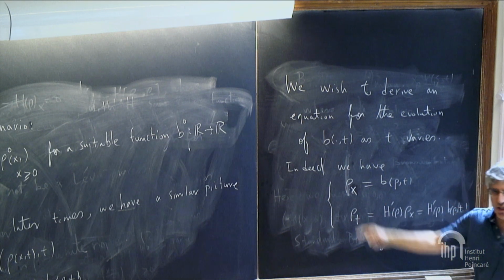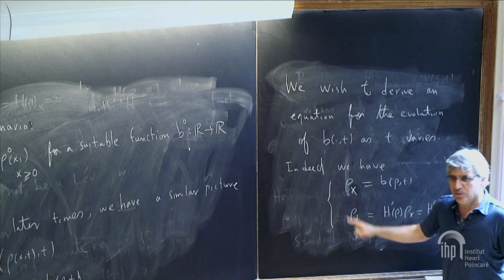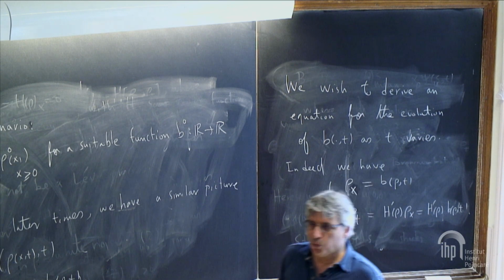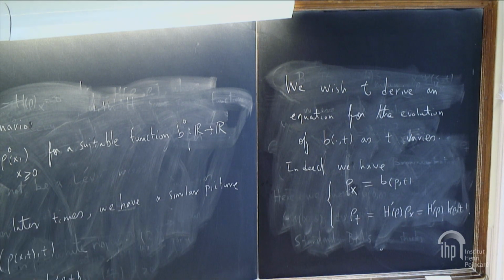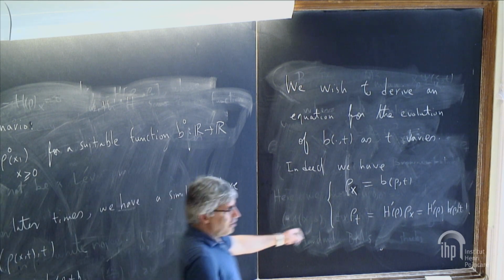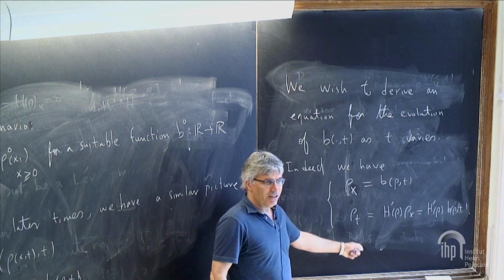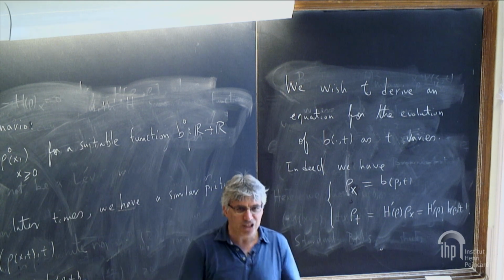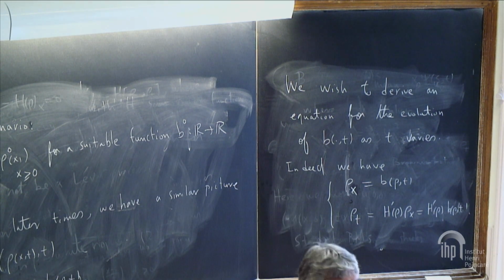So I have these two equations, and I just have to make sure these two are compatible. The compatibility of these two equations would give me the desired equation for b, just from the fact that the order of differentiation does not matter. So I'm going to differentiate this with respect to t and this with respect to x, and match them. That will give me the desired equation for b.